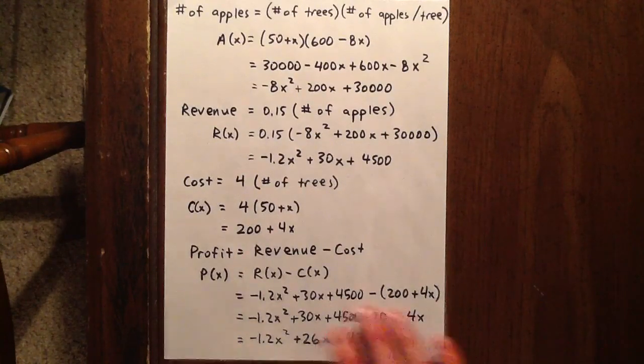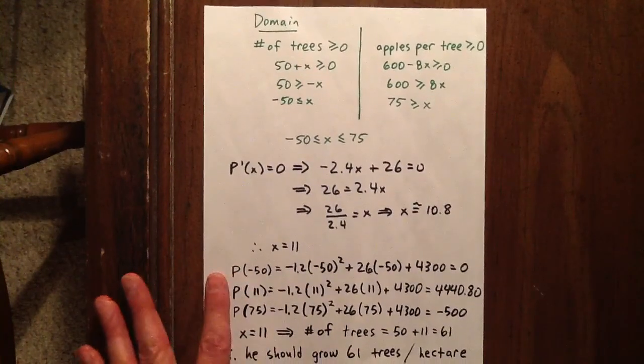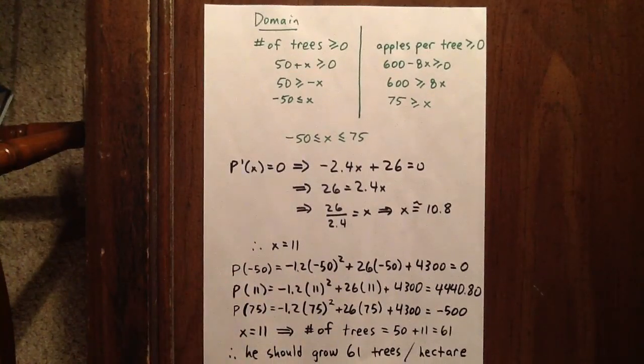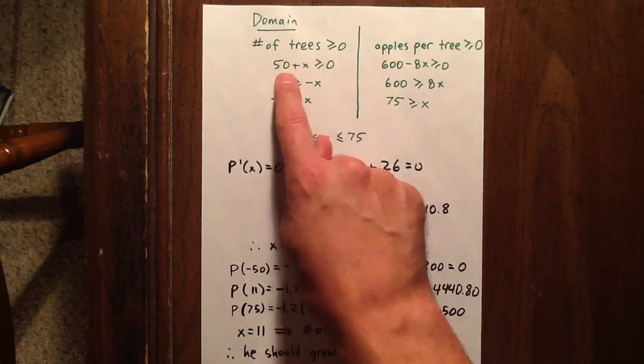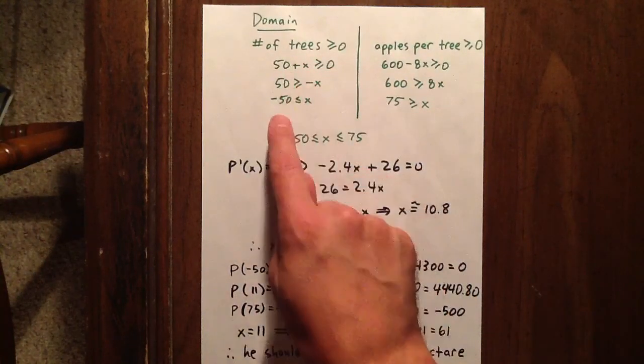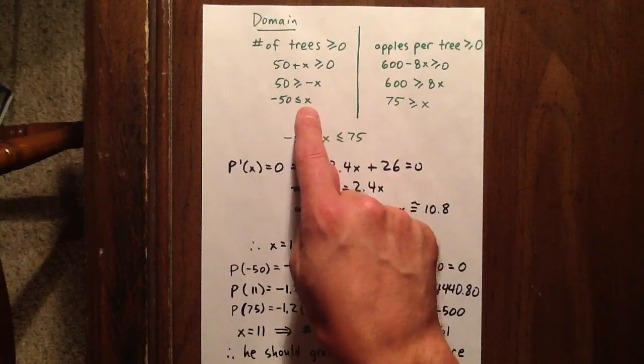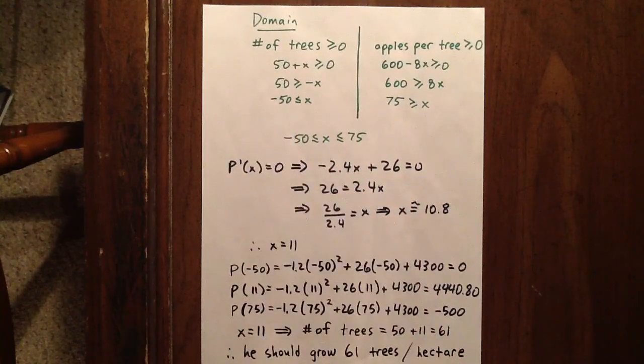Now, before we take the derivative, we'll consider the domain. We know that the number of trees he grows per hectare has to be greater than or equal to 0. So 50 plus x is greater than or equal to 0, which means x is greater than or equal to negative 50.